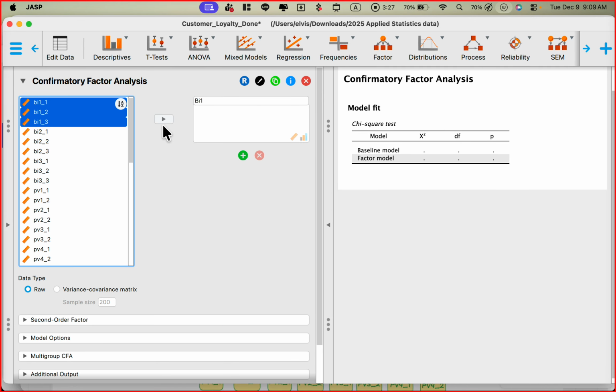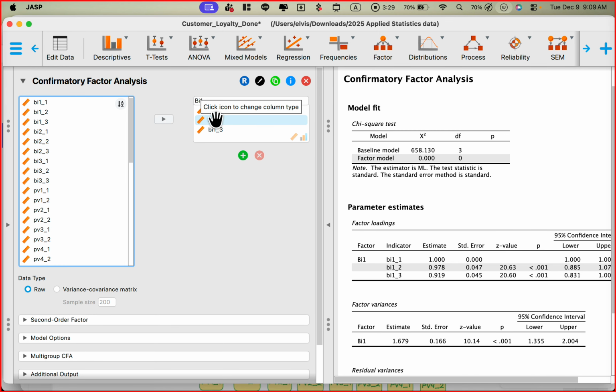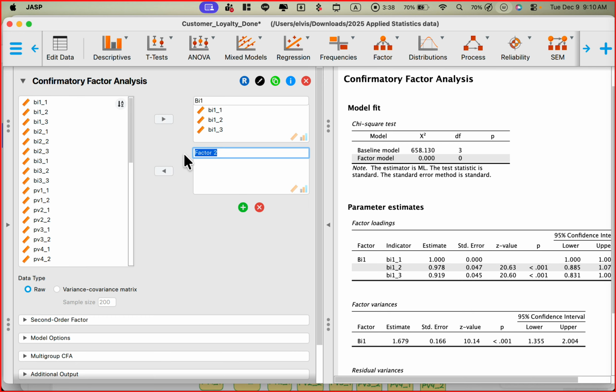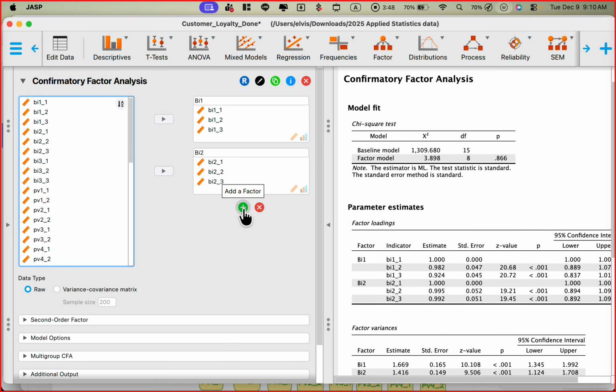We have 3 indicators for BI1. Just move to this pane. And click the plus sign, add a factor again, rename BI2. Okay. Add factor, BI3.